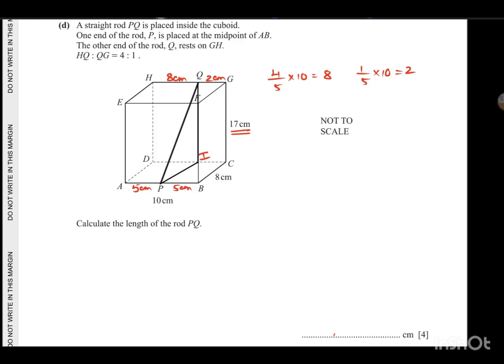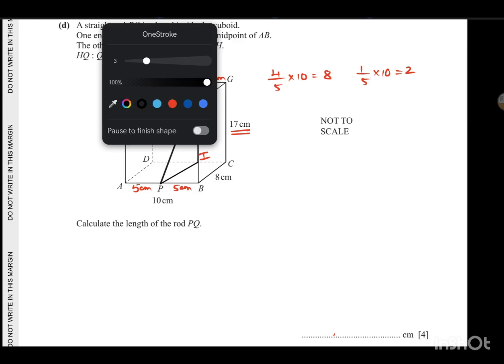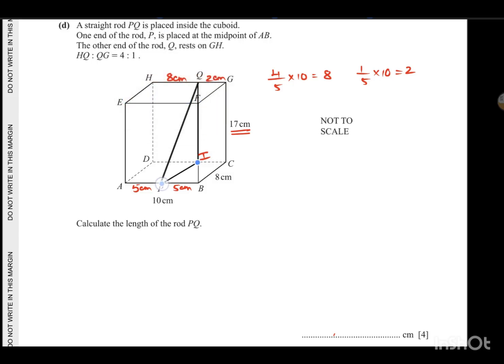To find PI, again, we need to draw one right triangle using P to this line, straight line here. Now you got one right triangle. Let me mark it as J. So IJP is a right triangle. So using IJP, we will find out PI. So what is PJ?